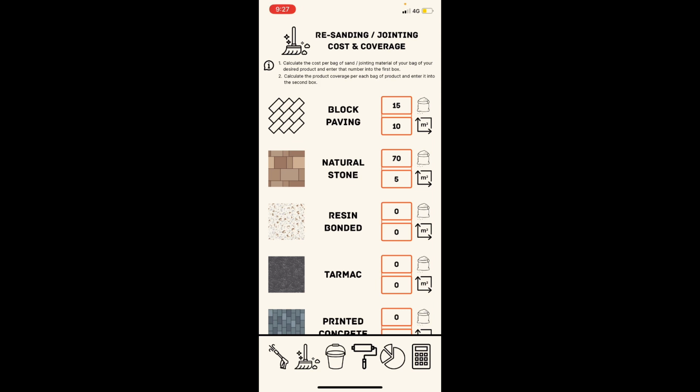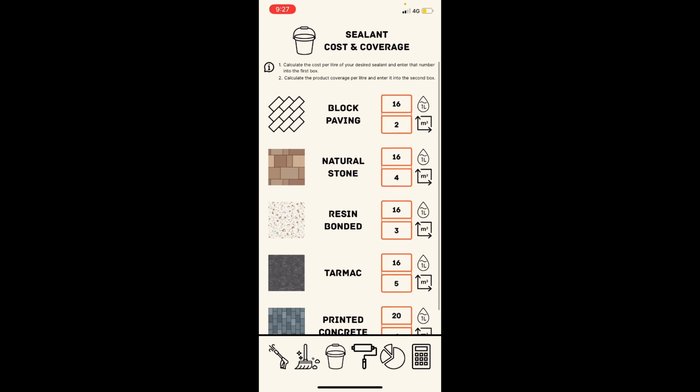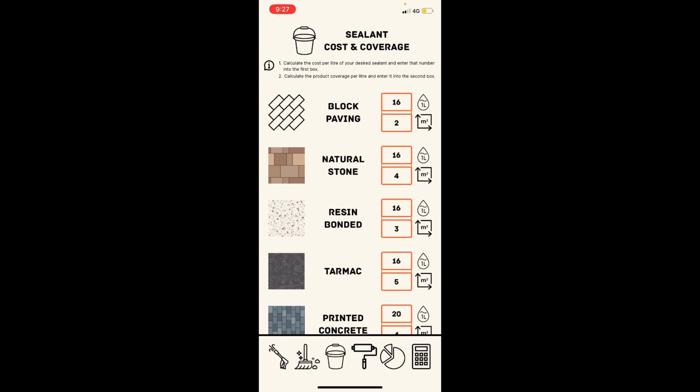Now we're going on to the third section, which is the sealing. So here we want to calculate the cost per litre of the desired sealant that we want to use. As you might know, sealer comes in 25-litre drums or 5-litre drums. So we want to work out how much it costs per litre of product.